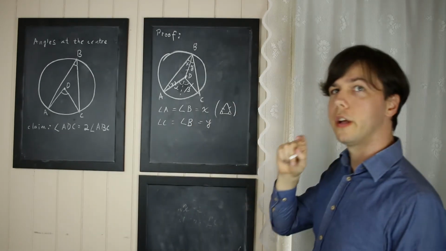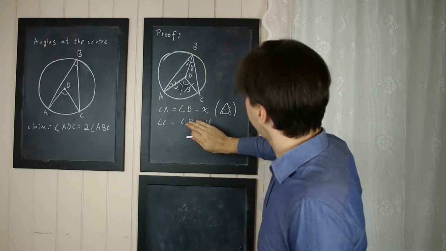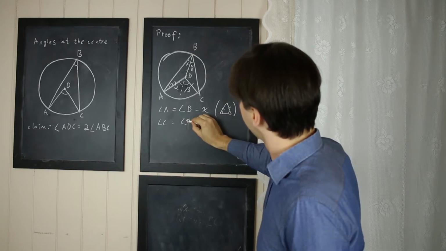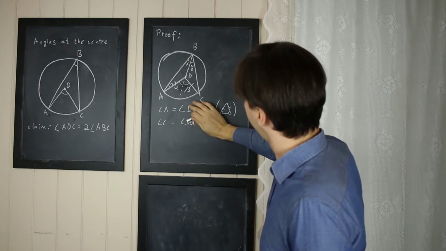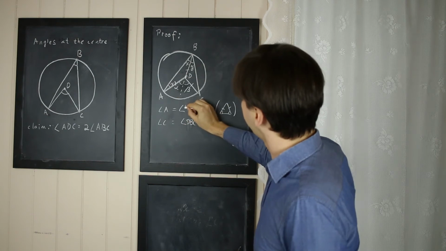So I've just realized that I should probably be labeling these ones properly. So I'm going to call this angle DBC. And this one will be angle DBA.